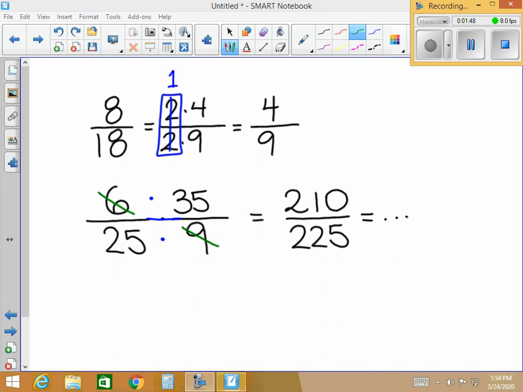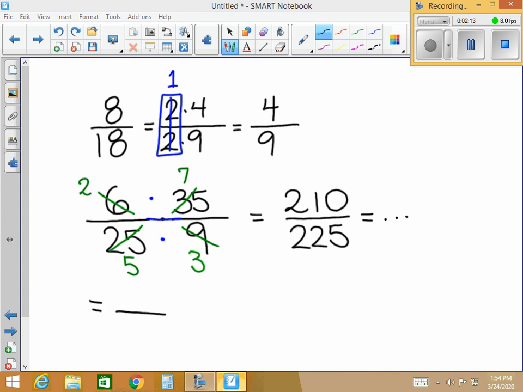So 6 and 9 both have a factor of 3. So if I divide out a 3 out of both numbers, I'm left with 2 on top and 3 on the bottom. 25 and 35 both have a factor of 5 involved, so I can divide out a 5 out of the 35 and the 25.